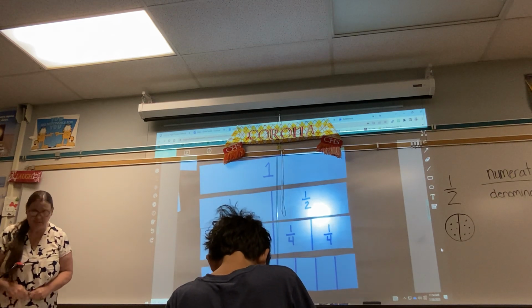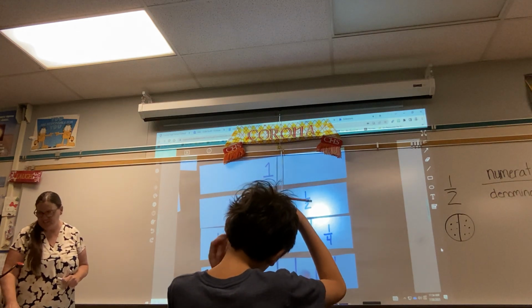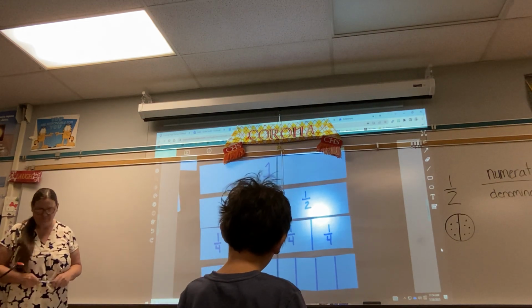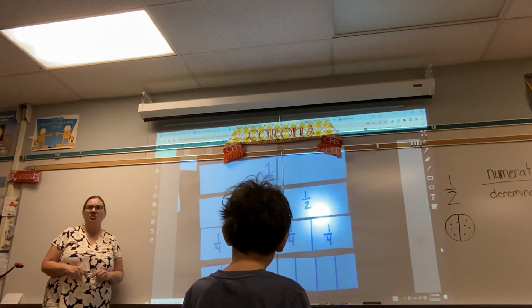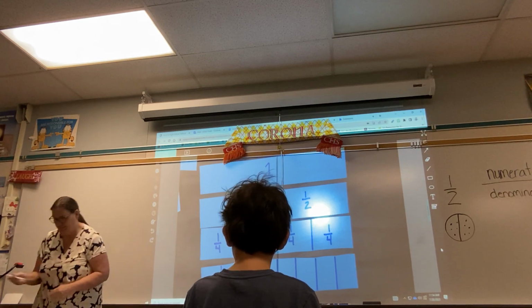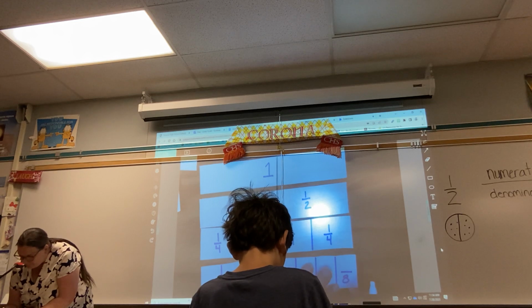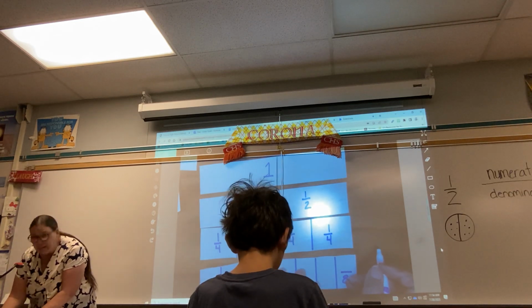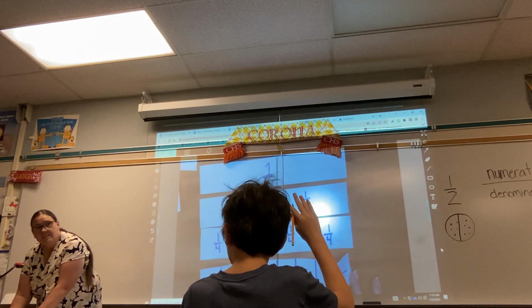There are 8 sections. 1, 2, 3, 4, 5, 6, 7, 8, right? So, what is the denominator on our fraction going to be? 8. And what will the numerator be? Each one of these is one section, right?